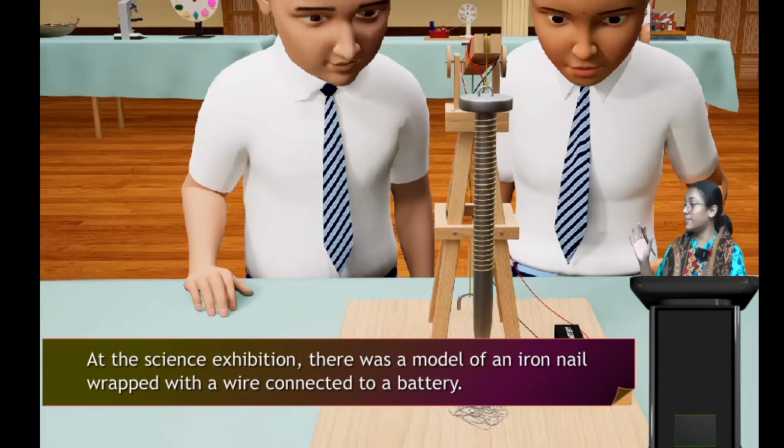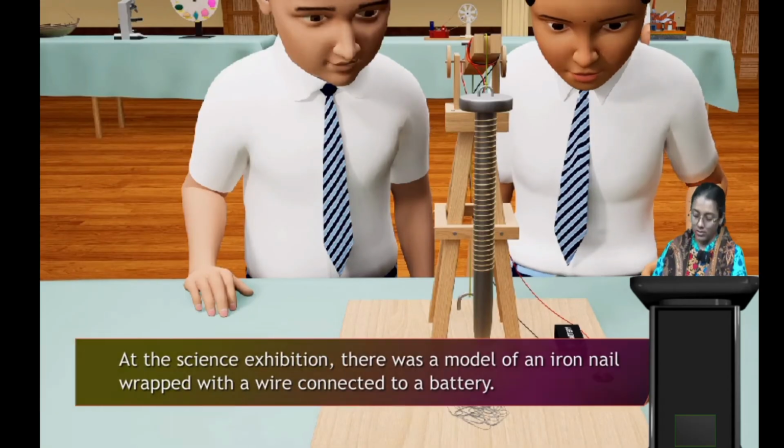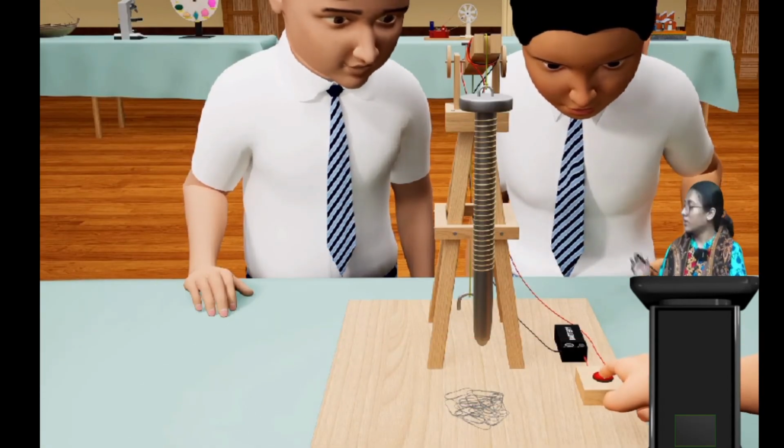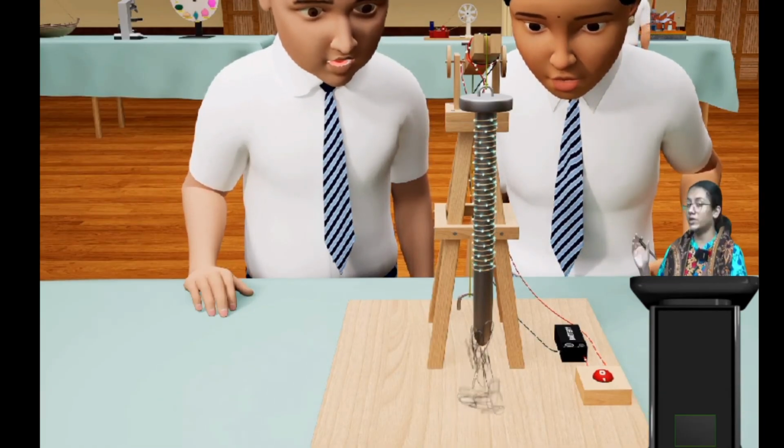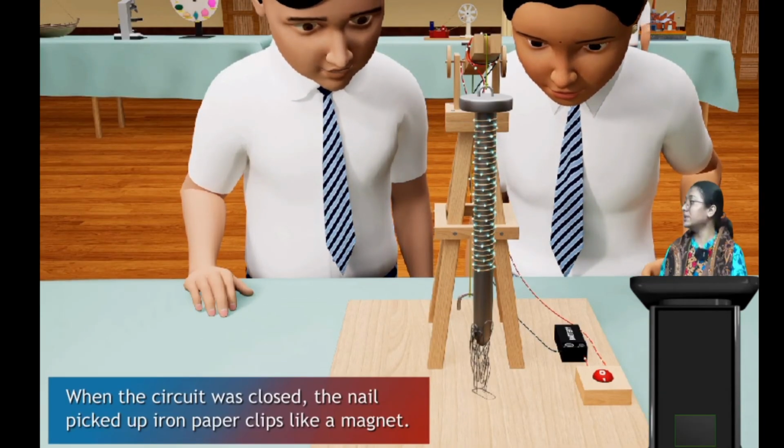At the exhibition, there was a model of an iron nail wrapped with a wire connected to a battery. There is one switch, which when we turn on, what happens?